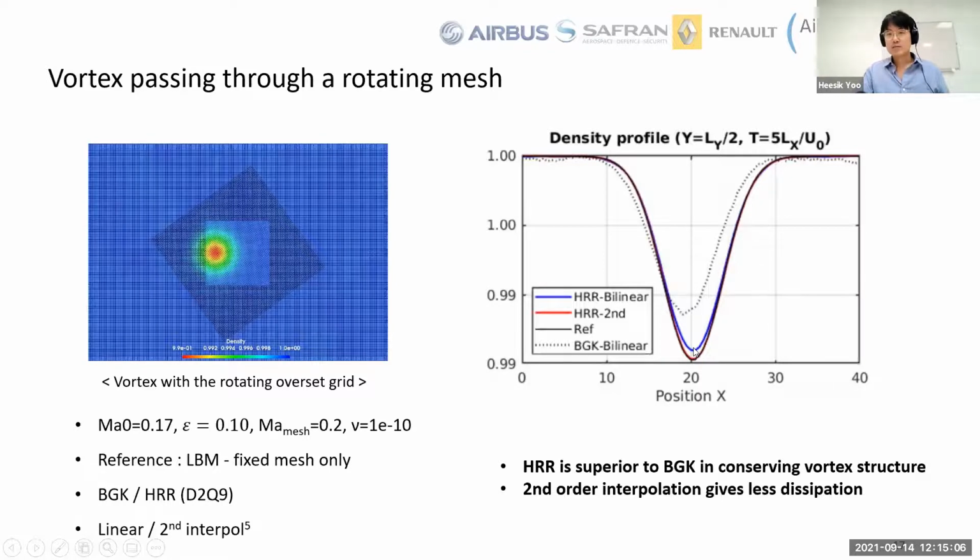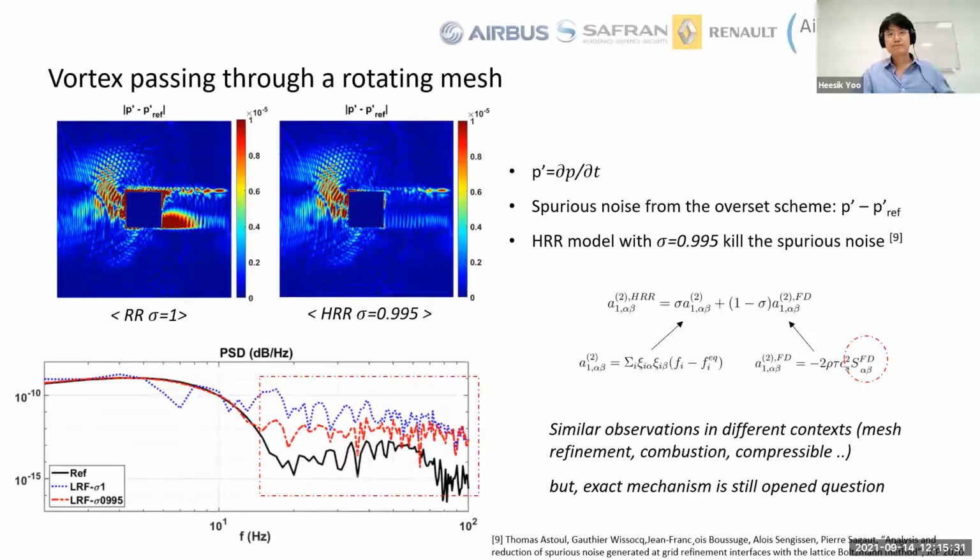And when I increase the interpolation from bilinear to second order, the density profile becomes even closer to the reference. So from this figure, we might conclude that the HRR model is superior to BGK in conserving vortex structure, and also second order interpolation gives less dissipation compared to the linear interpolation.